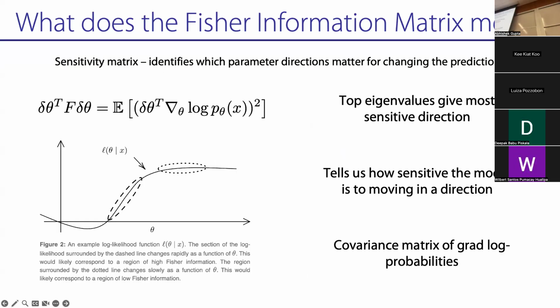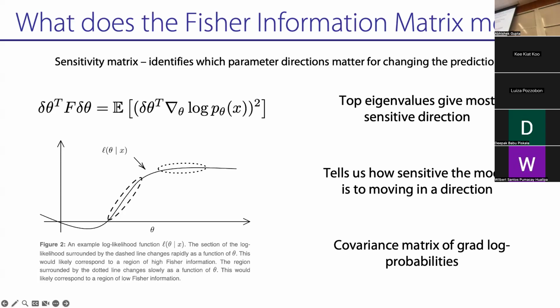If you take the eigenvalues of your Fisher information matrix, that gives you the most sensitive directions. So if I had to find the most sensitive directions of parameter space, I would just do PCA on the Fisher information matrix, right? Another way of looking at it is if you take a quadratic norm of some direction delta theta under F, you can think of it as looking at the dot product with grad log.